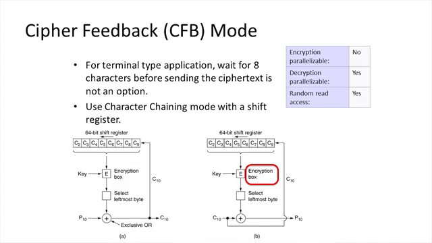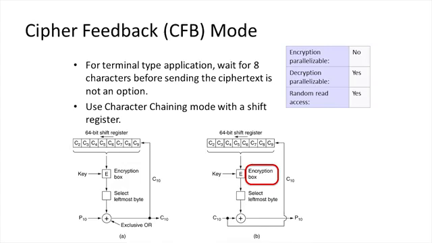The cipher characters are also shifted into the shift register from the right, and this process goes on for each character. What is shown in the picture is how the 10th character is encrypted and put back into the shift register. The right side is the equivalent decryption process. Note that the same encryption box is used, not the decryption box.